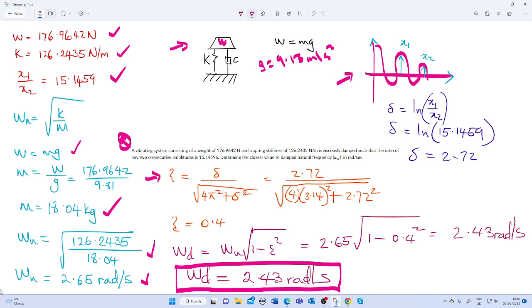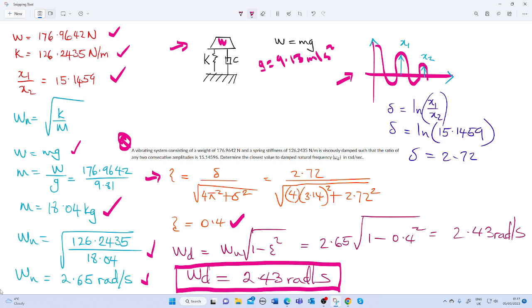So that becomes 2.72 over the square root of 4 multiplied by 3.14 squared plus 2.72 squared. And let's not forget to find the natural logarithm of the ratio of the two consecutive amplitudes, which is the natural logarithm of 15.1459, and that gives us 2.72. So by using this value, we can find our zeta, the damping ratio, which equals 0.4.